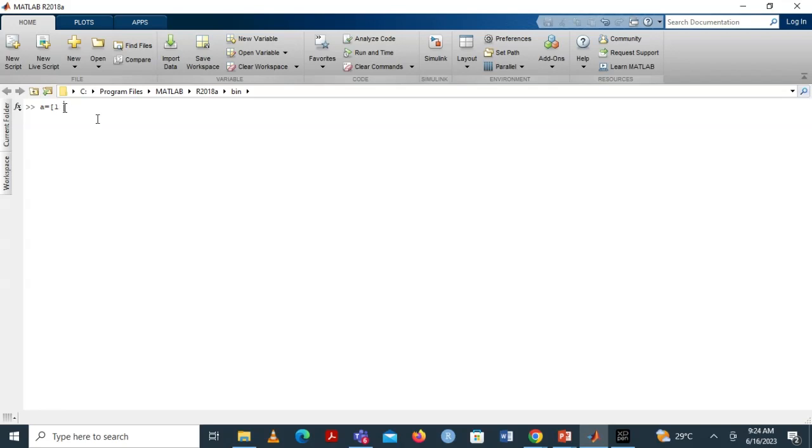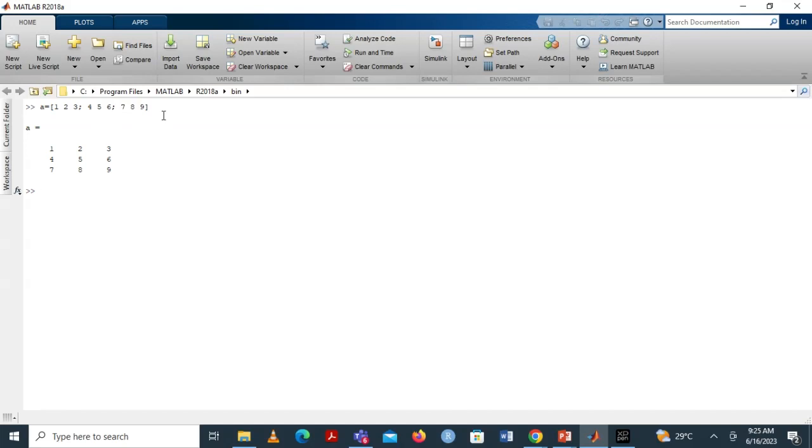Let me leave space between them. Then I'll put a semicolon, 4, 5, 6, semicolon, 7, 8, 9. Now let me press enter, and it is giving me my first matrix.